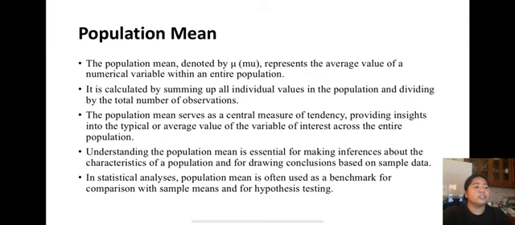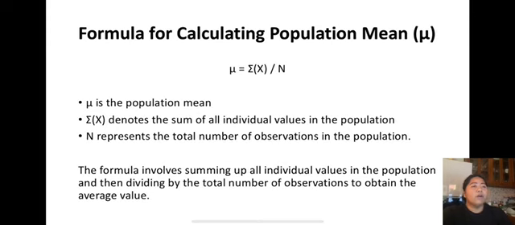and for hypothesis testing. So this is the formula for calculating the population mean, or mu. Mean equals the sum of X over N. μ, or mu, is the population mean.